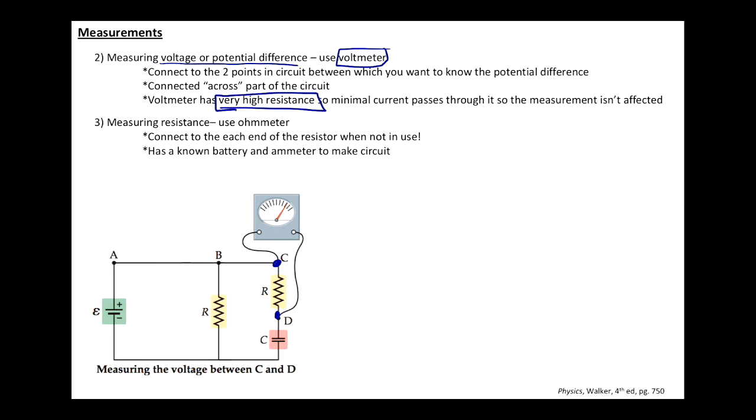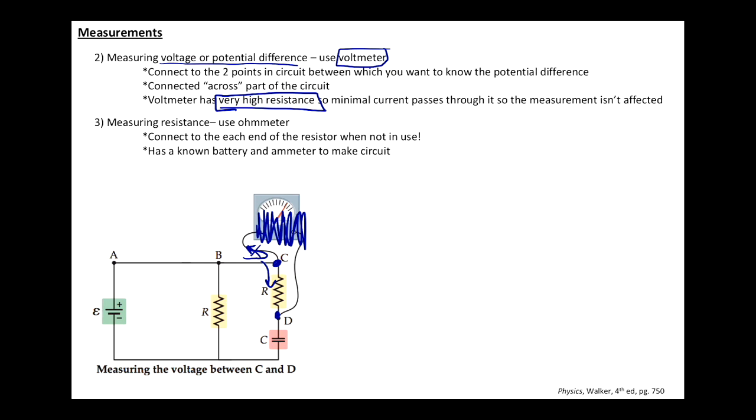If you think about it, if all of a sudden I put this in parallel and I have current that might flow this way or might flow this way, but this has really high resistance, that's what high resistance looks like, then nothing's going to flow that way, and really I haven't changed the circuit at all. So for ammeters, we want low resistance. For voltmeters, we want ridiculously high resistance. And then it doesn't really change the circuit and what we're trying to measure.